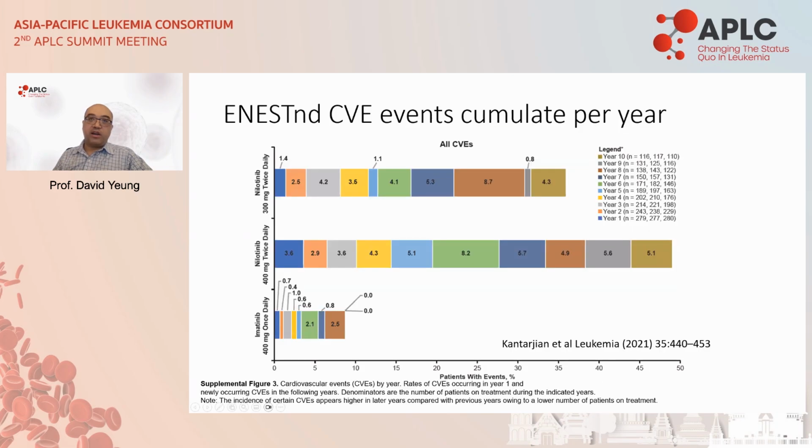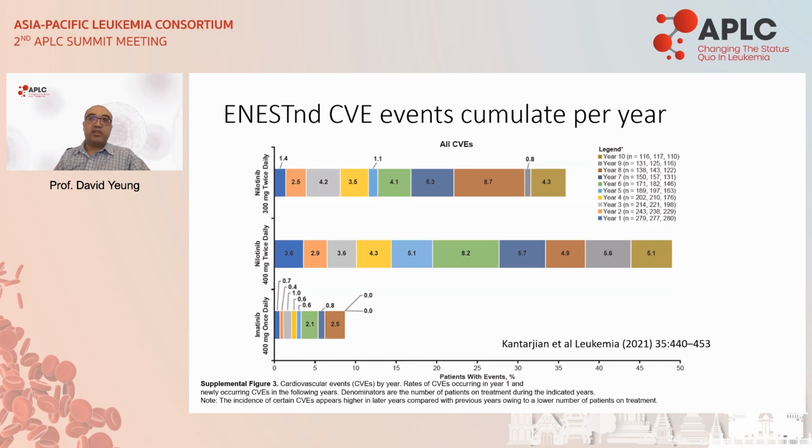So on the flip side of disease progression risk is side effects or adverse events. And one of the ones that most comes to the forefront of mind is cardiovascular events or arterial occlusive disease. This is a long-term follow-up of the ENESTnd data comparing nilotinib at 300 milligrams twice a day, 400 milligrams twice a day versus imatinib 400 milligrams once a day down the bottom there.